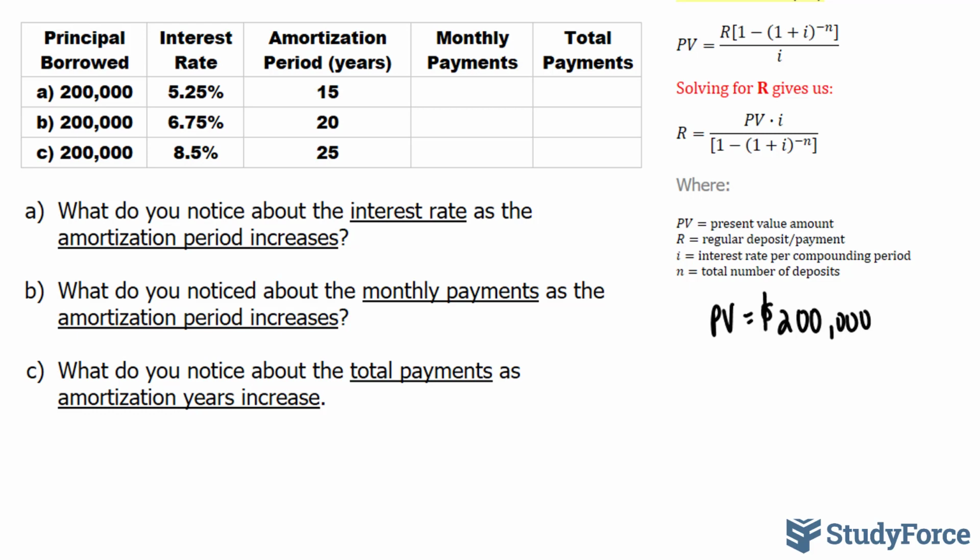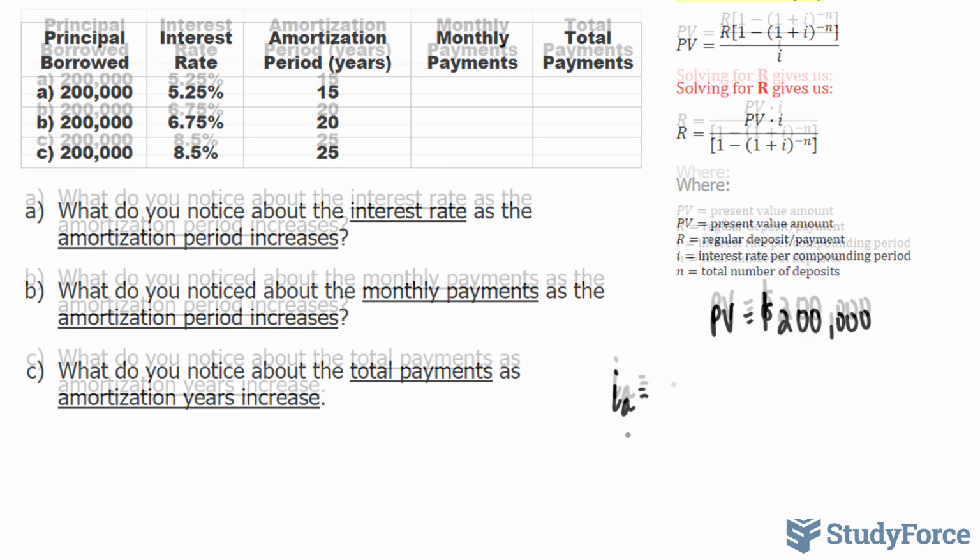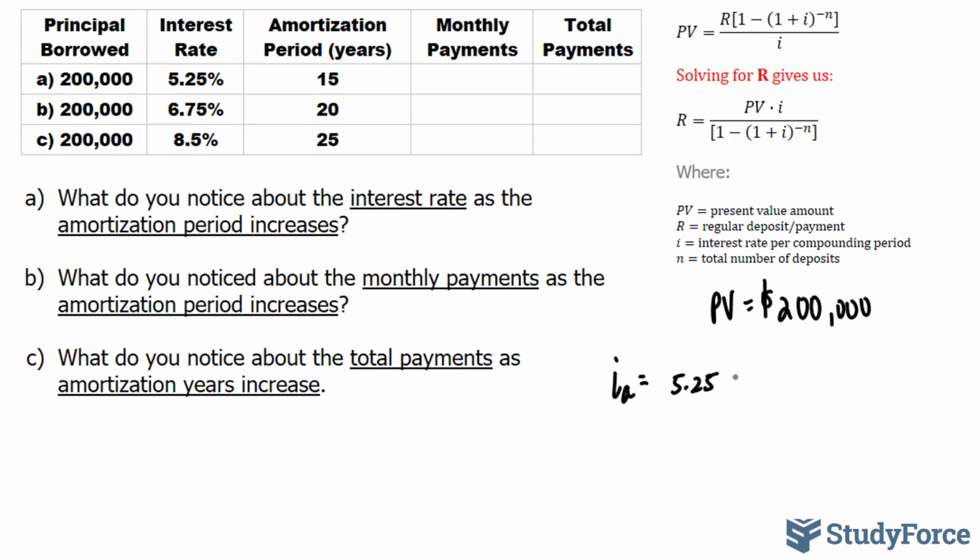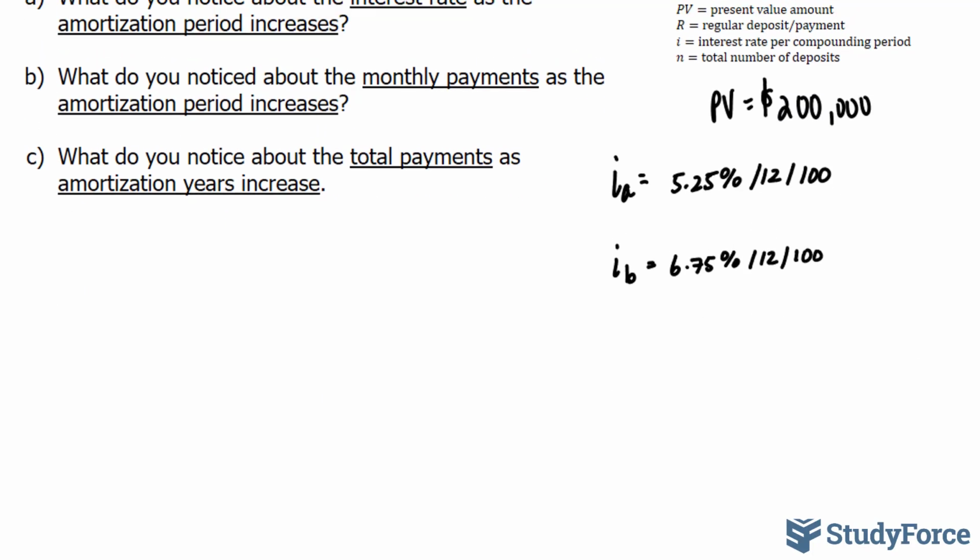For case A, so I'm going to call this IA, our rate will be 5.25% divided by 12 because it is monthly, divided by 100 because we're going from percentage to decimal. For IB, we have 6.75 divided by 12 divided by 100 for the same reason.